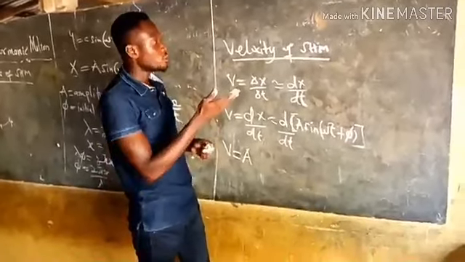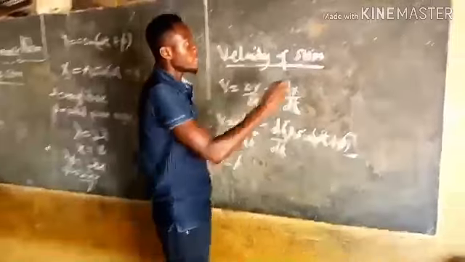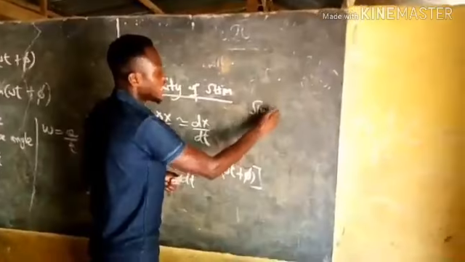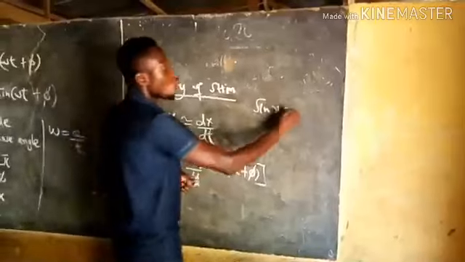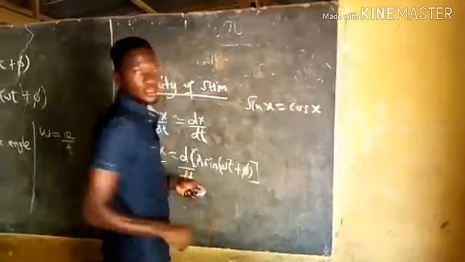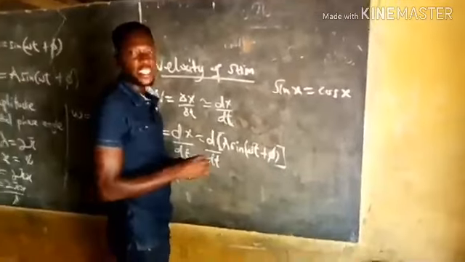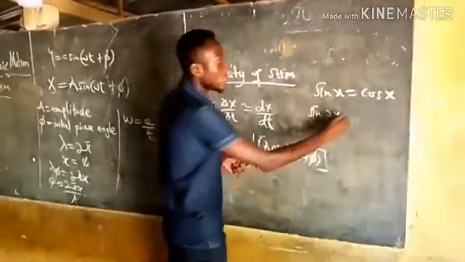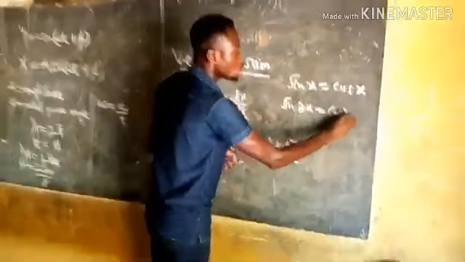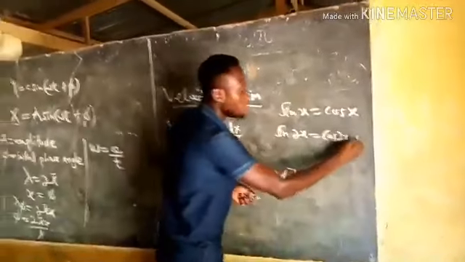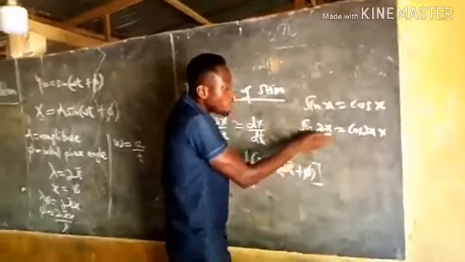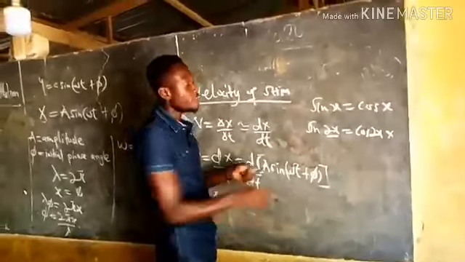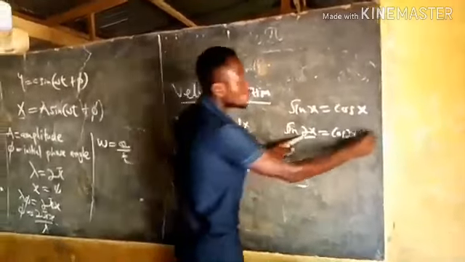So let me give you a small example here. If I differentiate sin x, I will get cos x. If I differentiate sin 2x, I will get cos 2x times the differential of this function. If you differentiate 2x, you get what? 2.